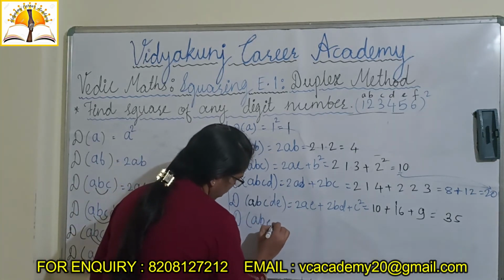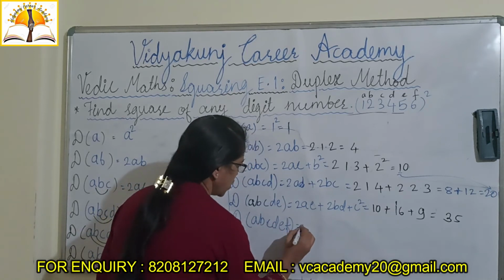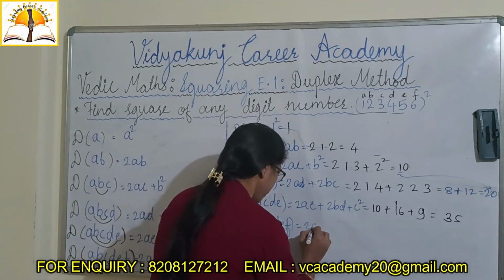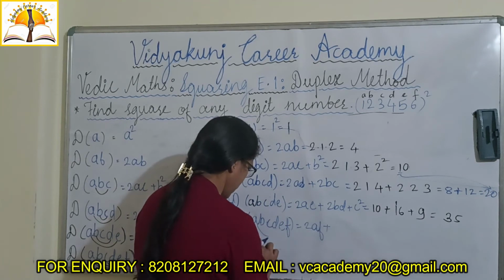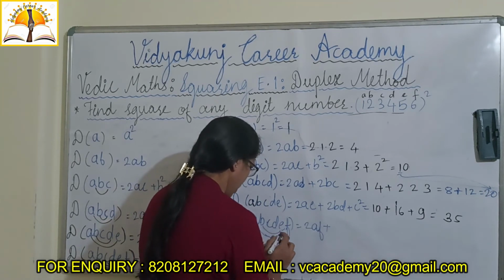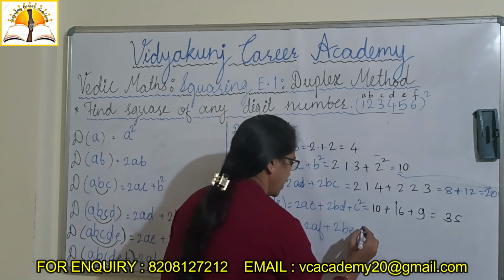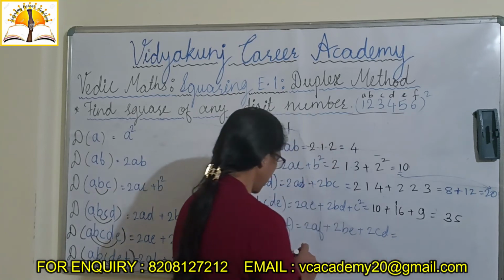A, B, C, D, E, F. Yes. Now we have to write A, F plus C here. A, F. A, B, E plus A, C, D. This is our rule. Okay.